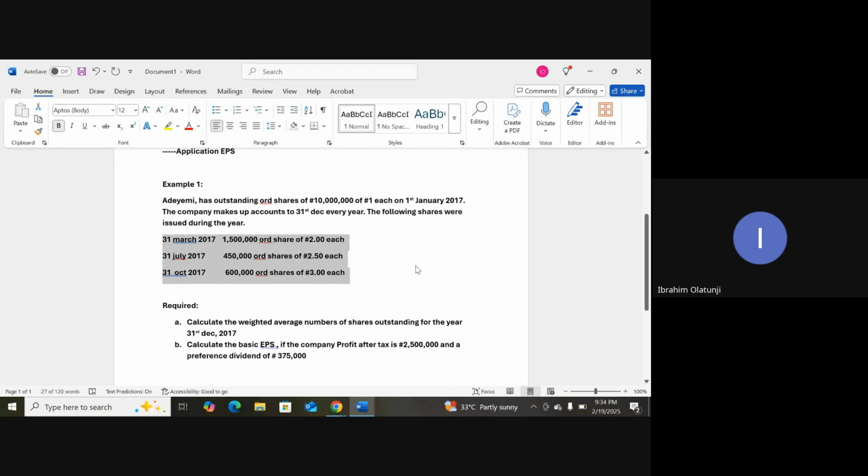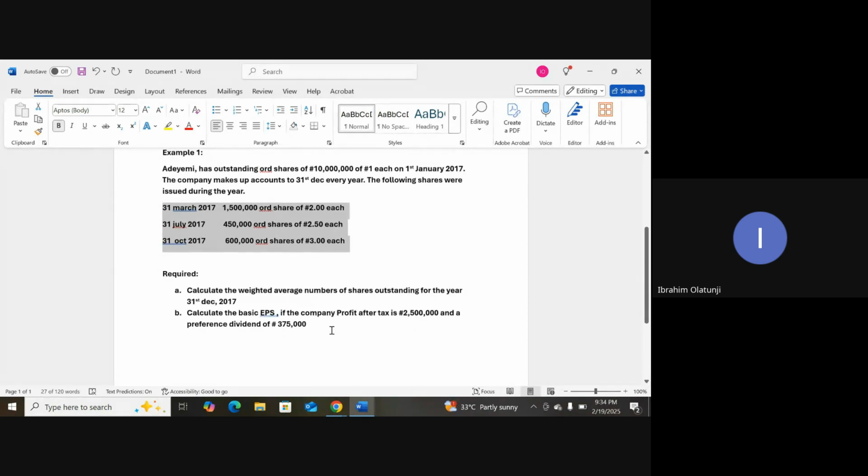So if we want to calculate it, we calculate as per the heading.